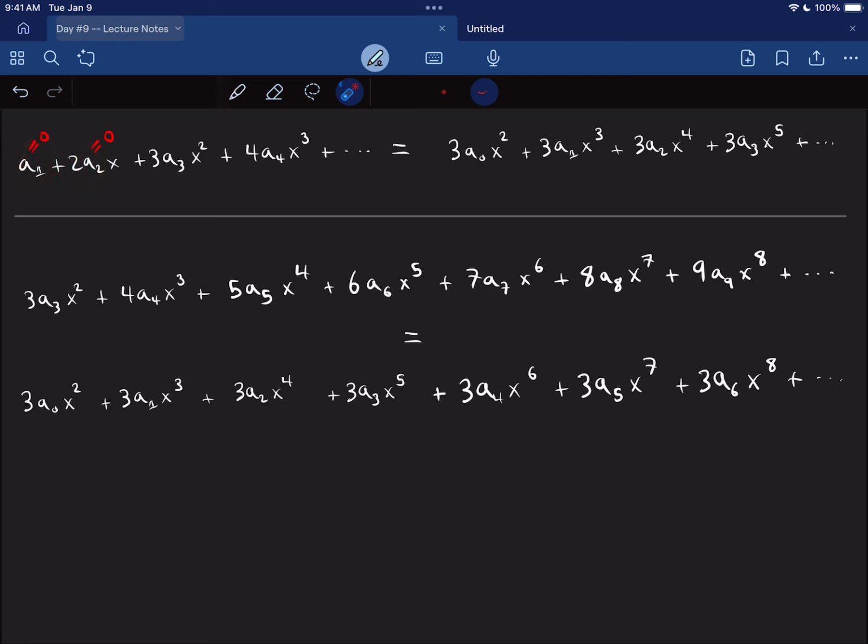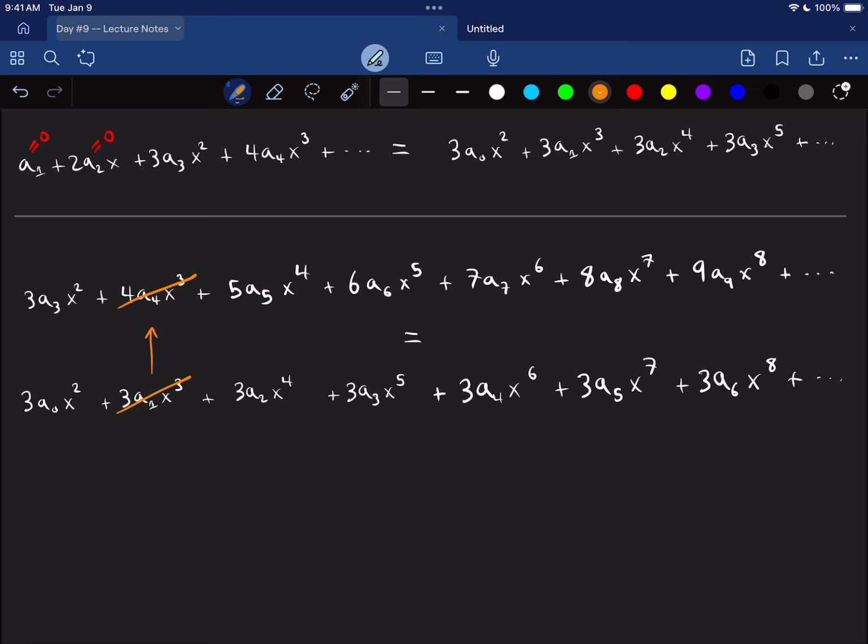But now what I see is that if that term goes away, then this term has to go away, because these two polynomials are equal to one another and there's no cubic on the bottom one. So there cannot be a cubic on the top. So I'm going to go up here and cross that out. The reason that is crossed out is because a4 is equal to 0.